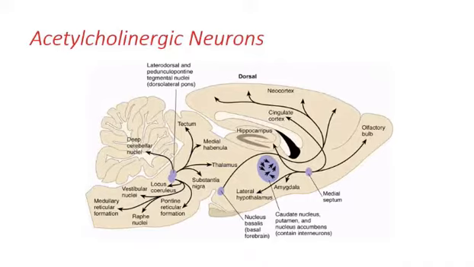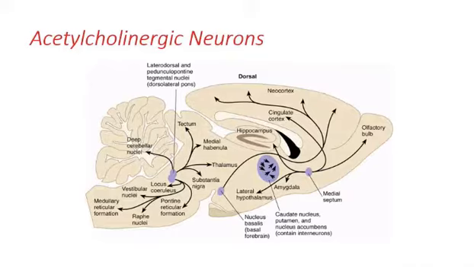The distribution of acetylcholinergic neurons is presented here. We see that the locus ceruleus is the origin of many acetylcholinergic neurons. We'll also see that this locus ceruleus region is a major player in the origin of noradrenergic neurons. We also have another nucleus called the nucleus basalis, in the basal forebrain, that sends acetylcholinergic projections forward into the frontal cortex.